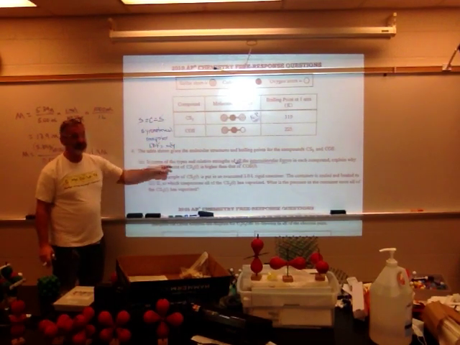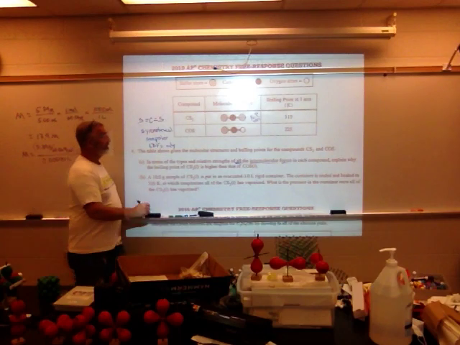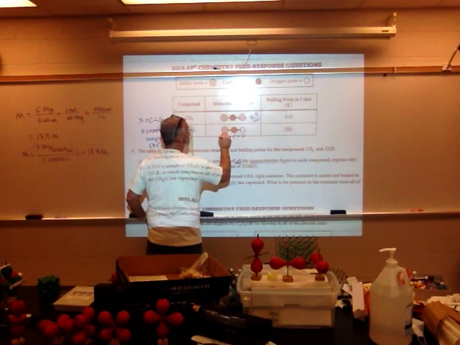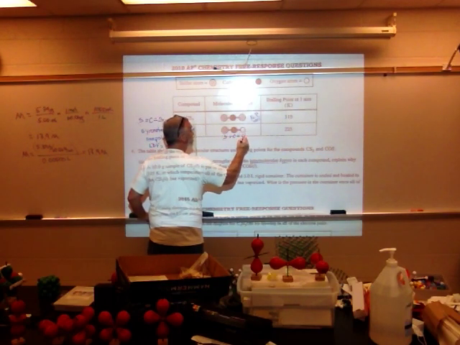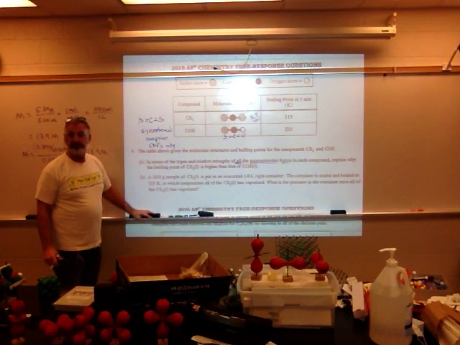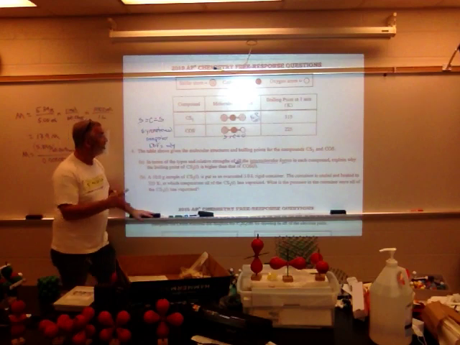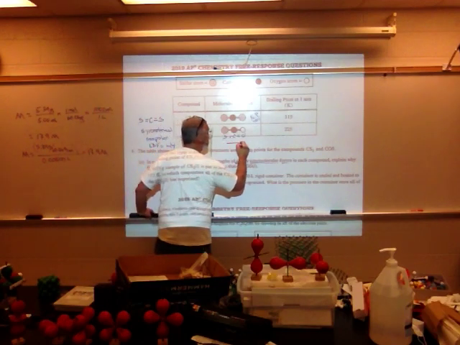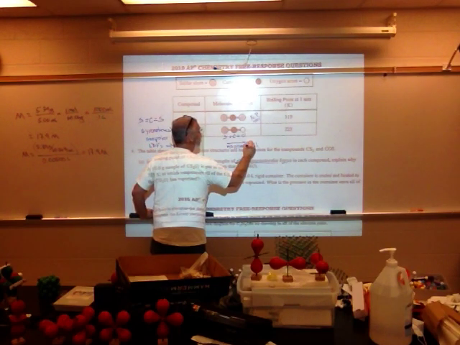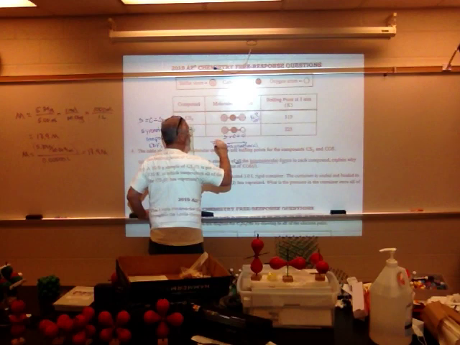Now what about COS? Now this one's going to be polar because here's your oxygen, carbon, sulfur. Okay, looks pretty much the same, but why is it polar? It's asymmetrical, and we have the polar bond, so the electrons are going to get pulled this way. It's asymmetrical. Remember, there's only one S. Okay, making it polar.